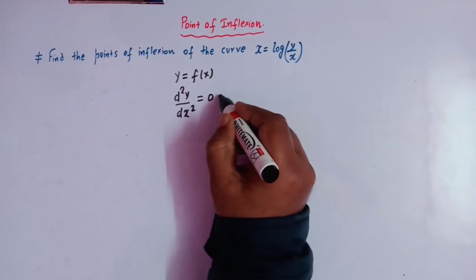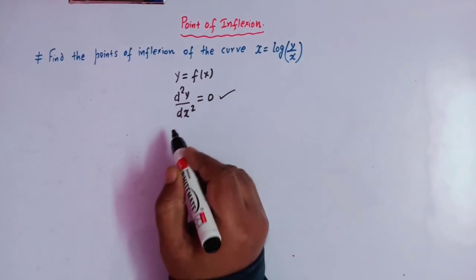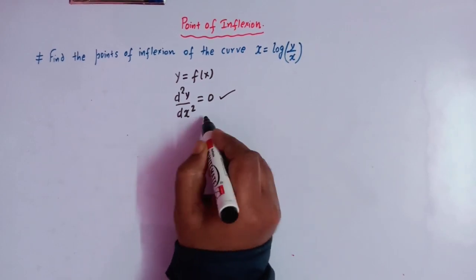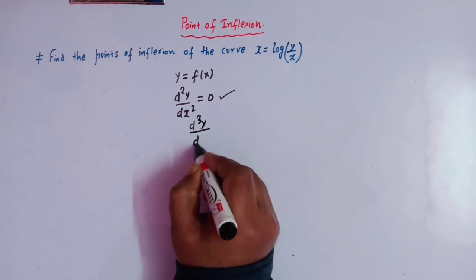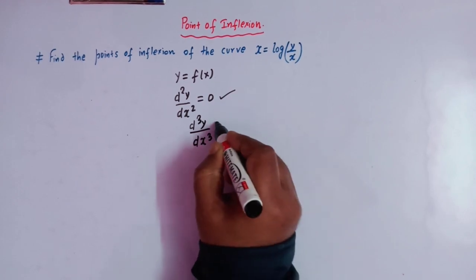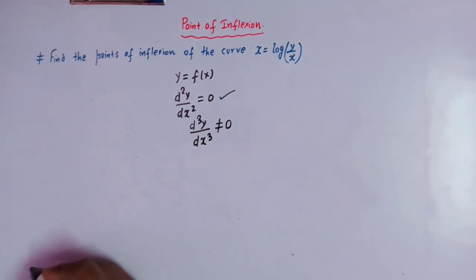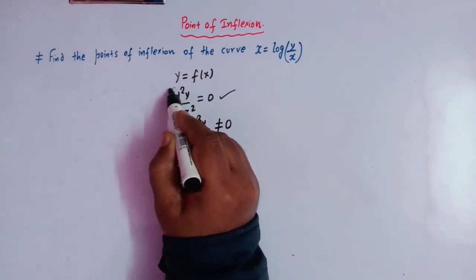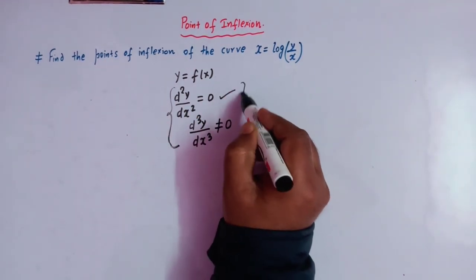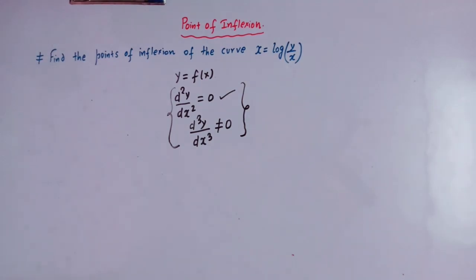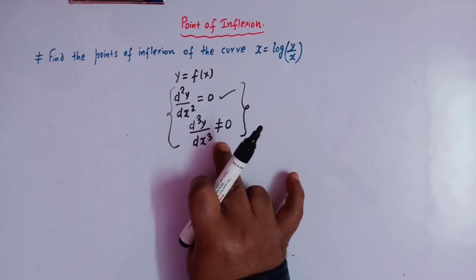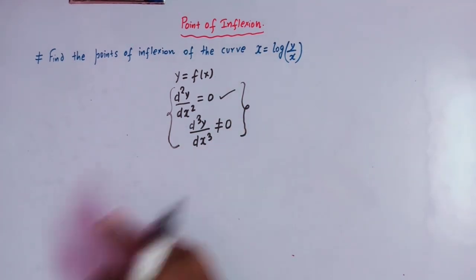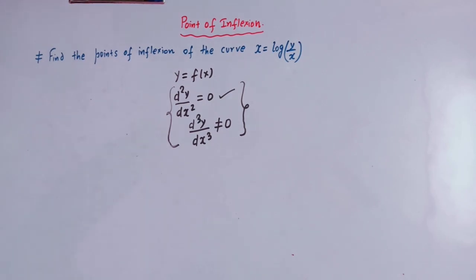And further, the third derivative of y with respect to x should not be equal to 0, right? So here we have these two conditions for the point of inflection to exist. Let us apply these two conditions for this curve to get the point of inflection.